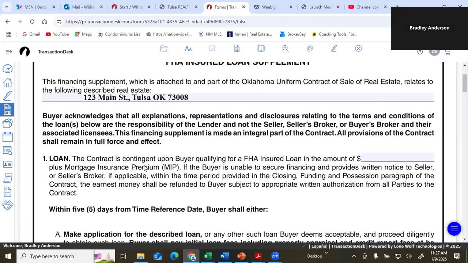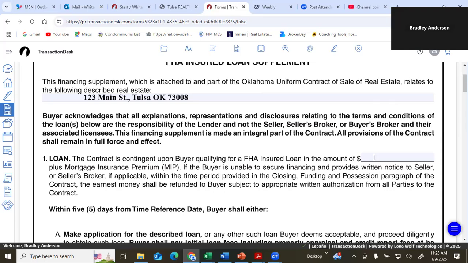So, number one, the contract is contingent, which means that if these terms aren't met, the contract is over. This contract is contingent upon buyer qualifying for an FHA insured loan in the amount of. So this is the loan amount, not the purchase price. In my previous examples, I've used a purchase price of $400,000.